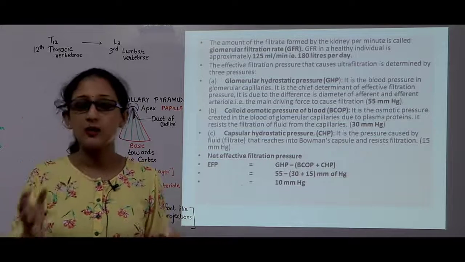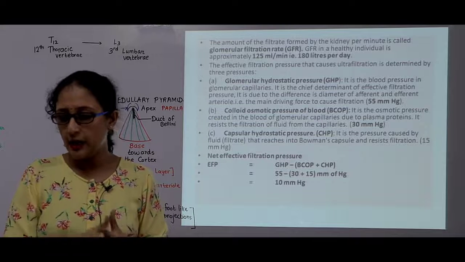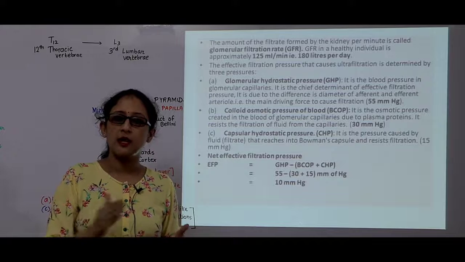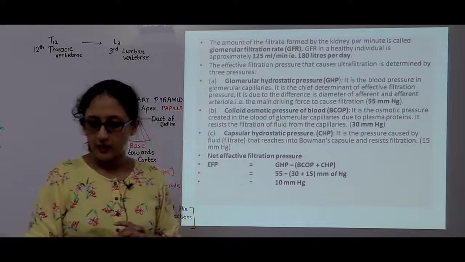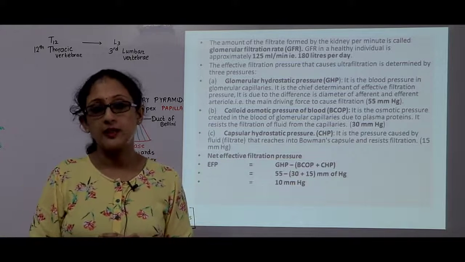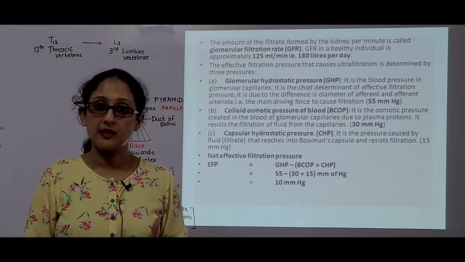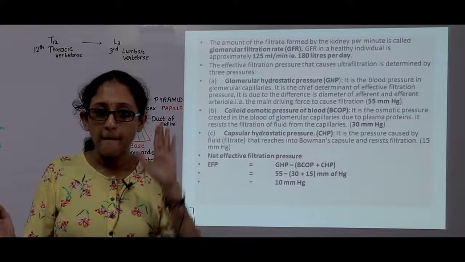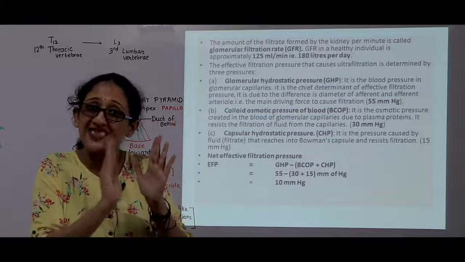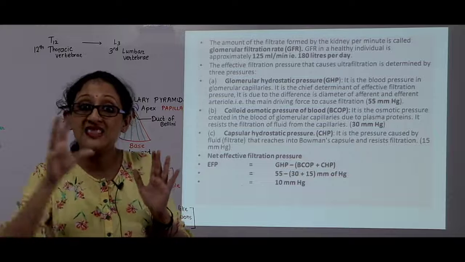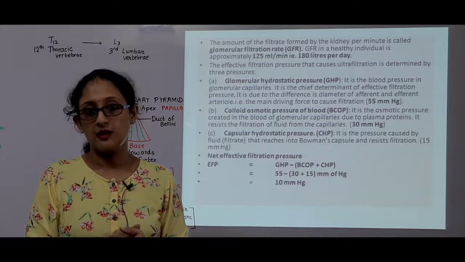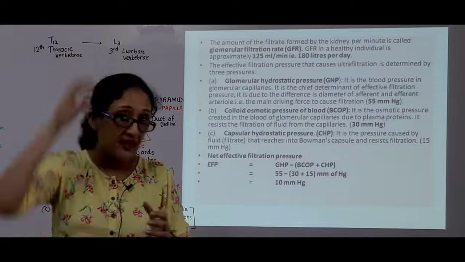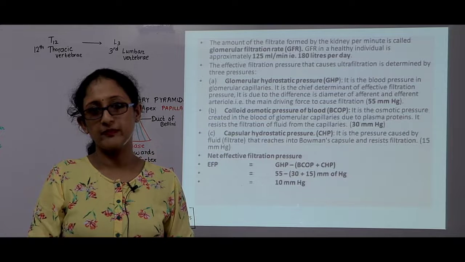Let me explain. The first one is the colloidal osmotic pressure of blood, or the BCOP, the blood colloidal osmotic pressure. Now first of all, inside blood there is an affinity, there is a love between plasma and plasma proteins and the solutes. I told you plasma proteins are large molecules, they cannot filter out.